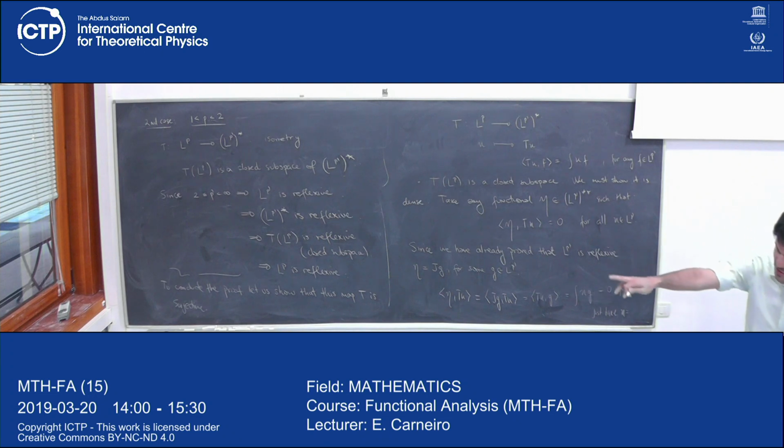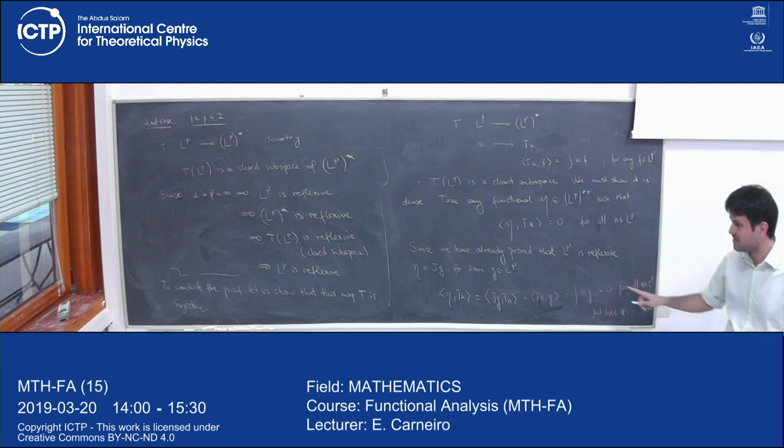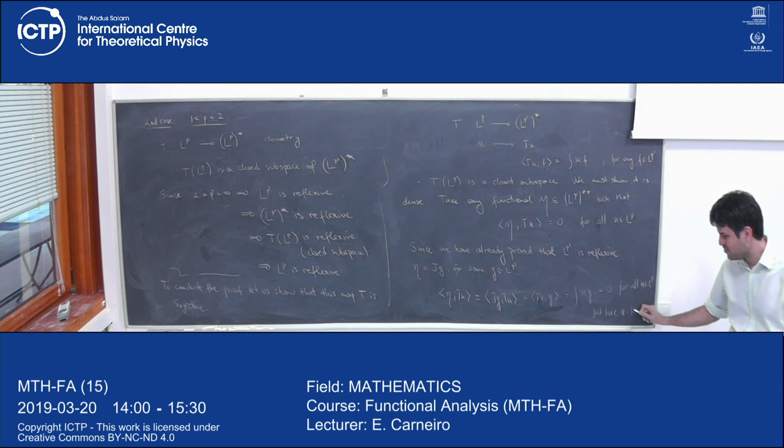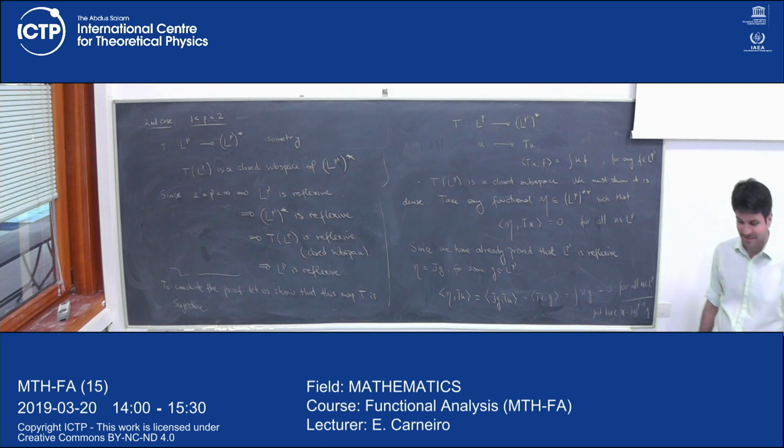It was already on the board there, right? So if g is in L^p prime, u can be just the absolute value of g to the p prime minus 2 times g. Let's take this function. So this function here belongs to L^p.